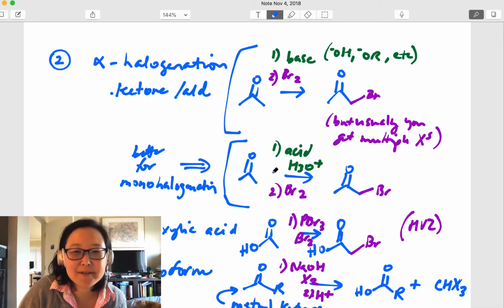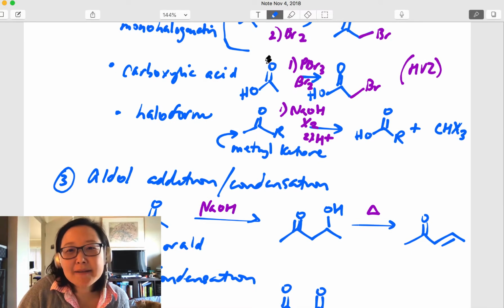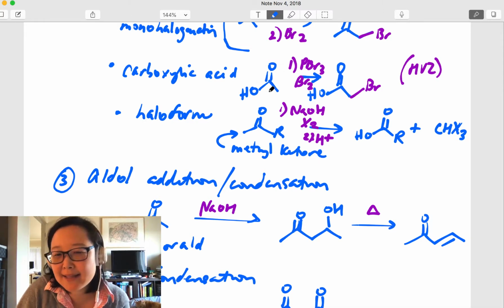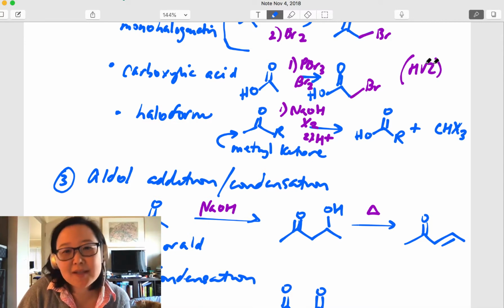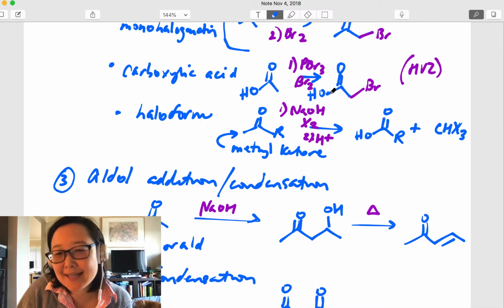Okay, it's very different for carboxylic acids. If you start with the carboxylic acid, you can also brominate, but you have to go through an acid halide intermediate first. And this is the Hell-Volhard-Zelinsky reaction. So it'd be good for you to review what PBr3 does, what Br2 does, and then how you end up with the carboxylic acid again at the end.